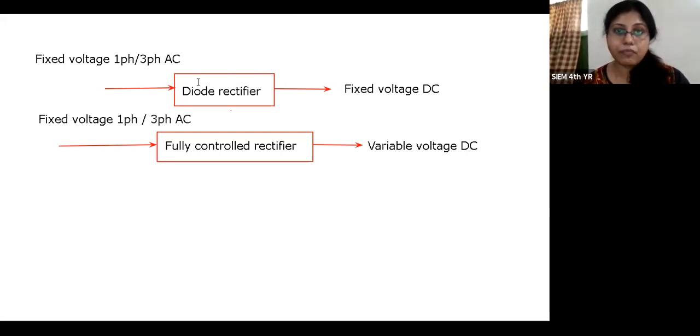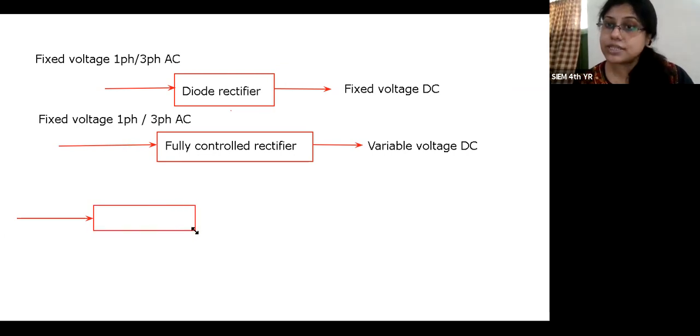Again, this one is a source. Instead of one power modulator, we can use two or three power modulators also.